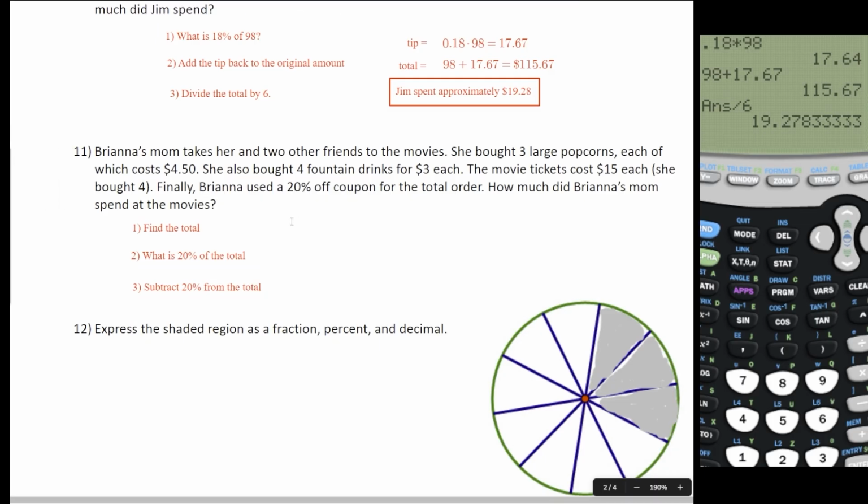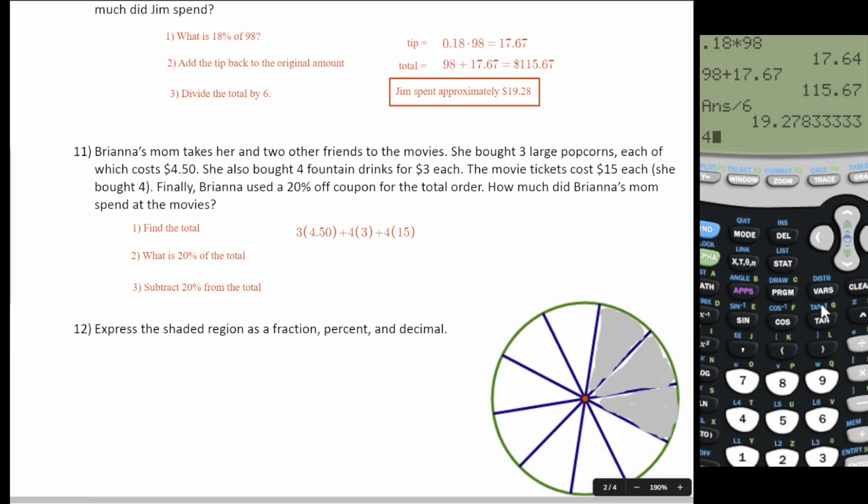So she bought 3 large popcorns, each which cost $4.50. So that's 3 times $4.50, plus 4 fountain drinks for $3 each, and then 4 movie tickets for $15 each.